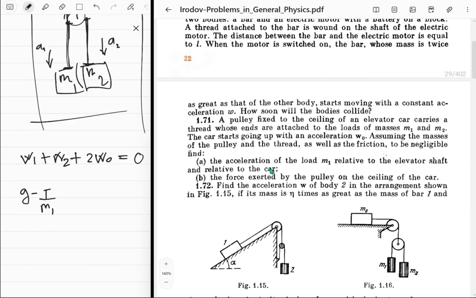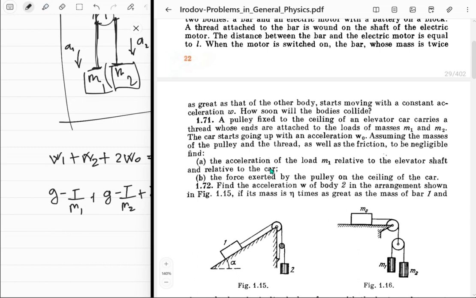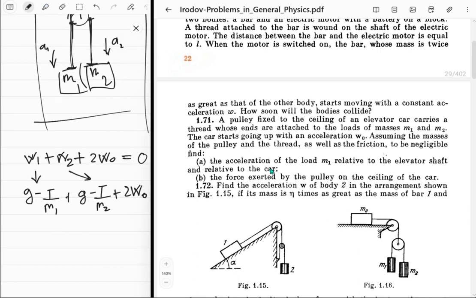So W1 plus W2, that is G minus T upon M1 plus G minus T upon M2 plus 2W naught is equal to 0. It's easy, of course. This thing was W1, this thing was W2. Just remember that. Now what does it give us?